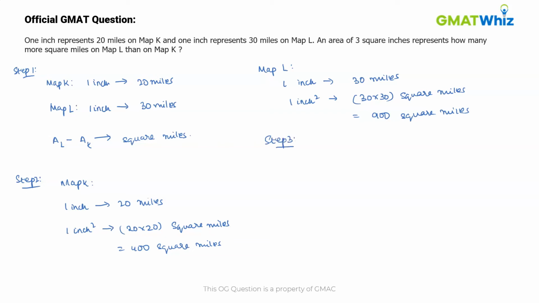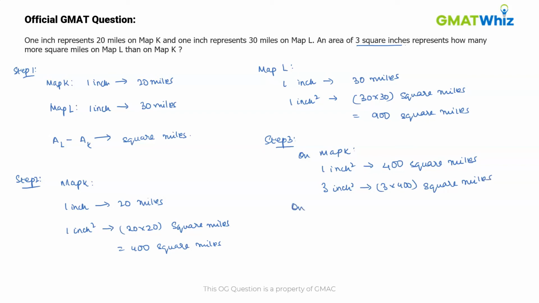Now we have to find the area for 3 square inches. So on map K, since 1 inch squared represents 400 square miles, an area of 3 inches squared will represent 3 times 400 square miles.